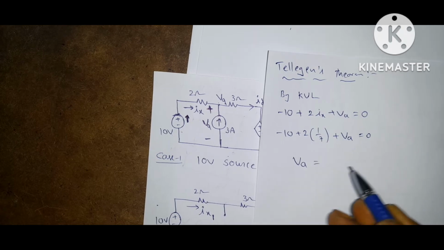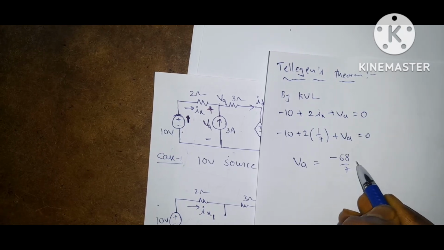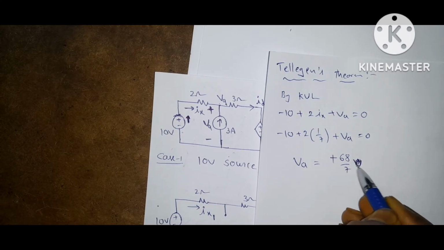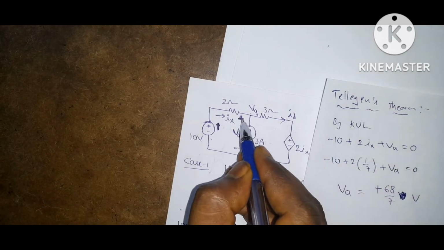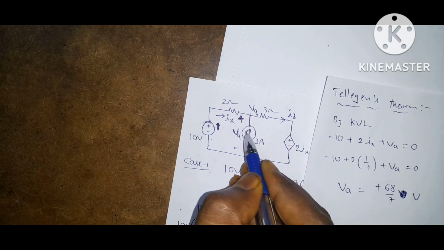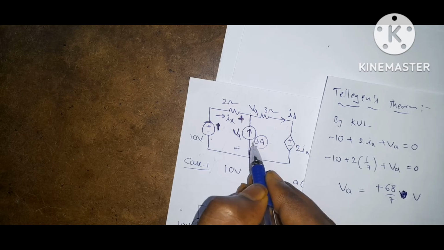From this, VA is plus 68 by 7 volts. Here this is plus, this is minus. Here also the current is leaving the positive terminal of the voltage, so the 3 ampere source is also delivering the power.